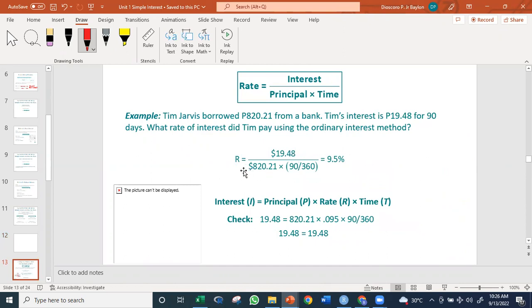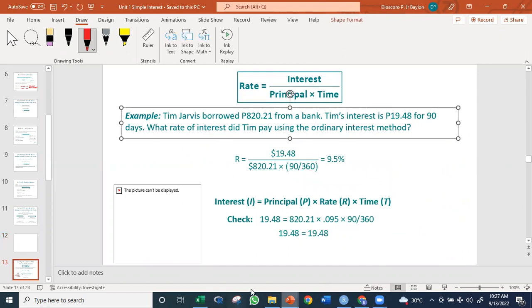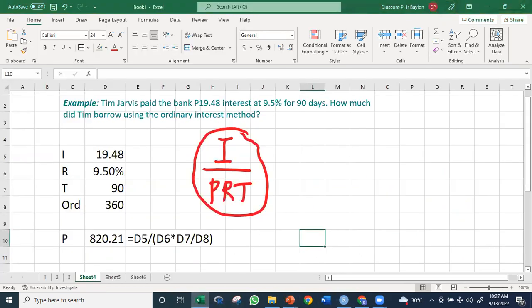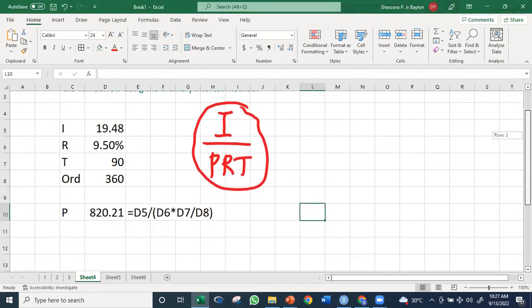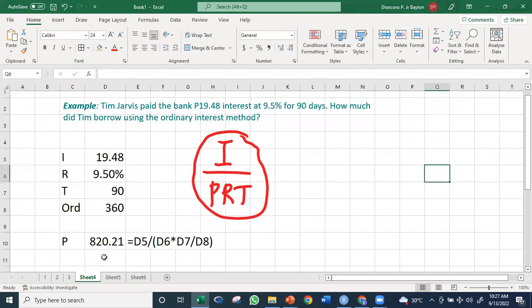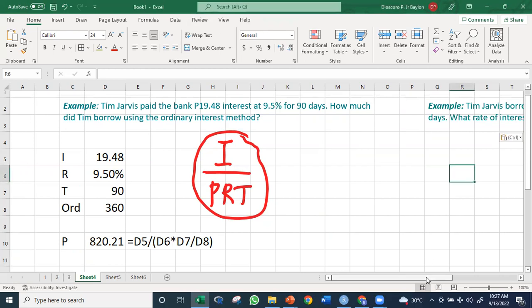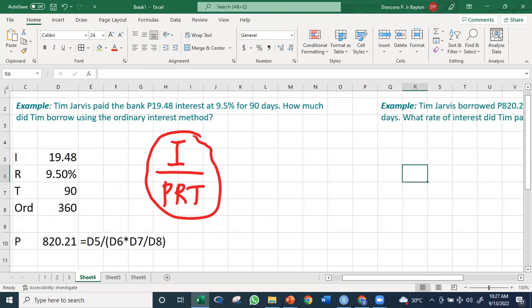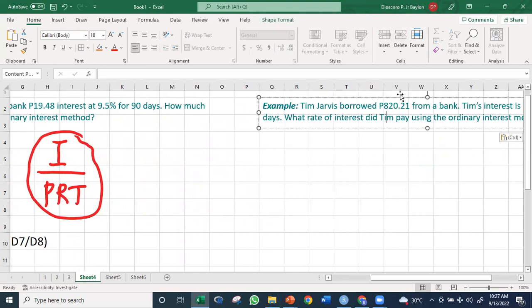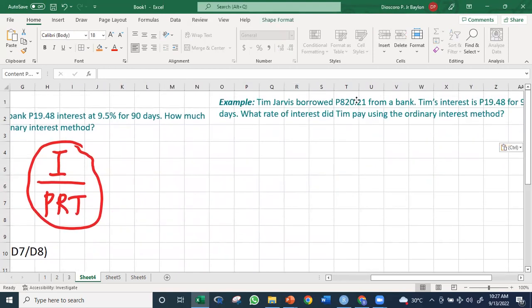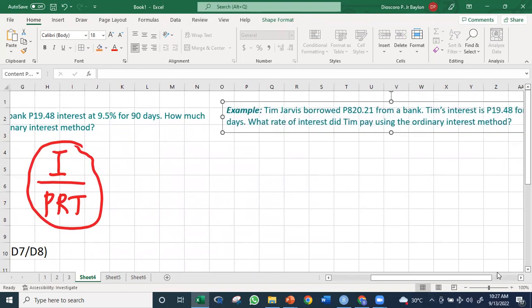Okay, this time around, you're asked for the rate. So let's copy this. These are just similar problems. Okay, good. So same problem. You're given this time the principal. You're given the principal.